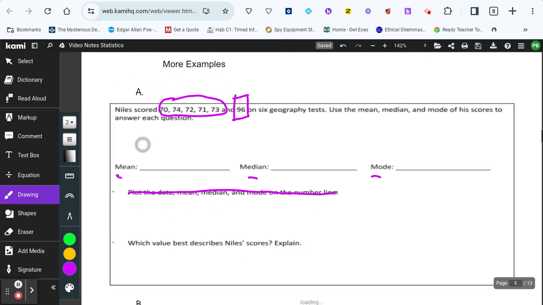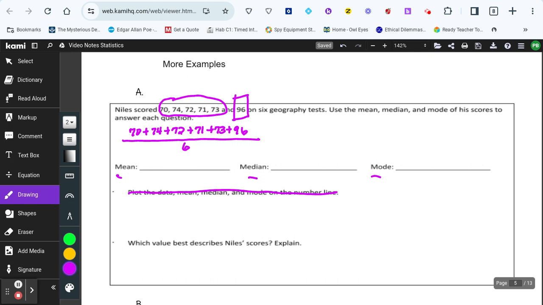I'm going to go ahead and add these up, and then I'm going to divide by 1, 2, 3, 4, 5, 6. I'm going to take my calculator and add.